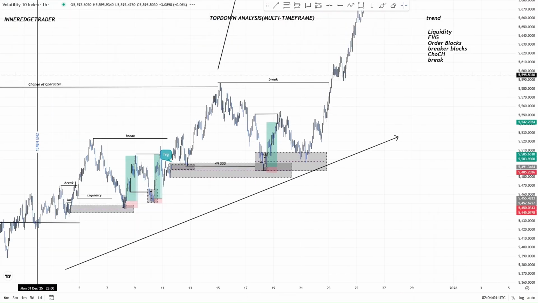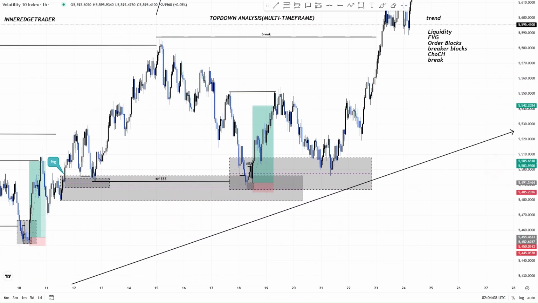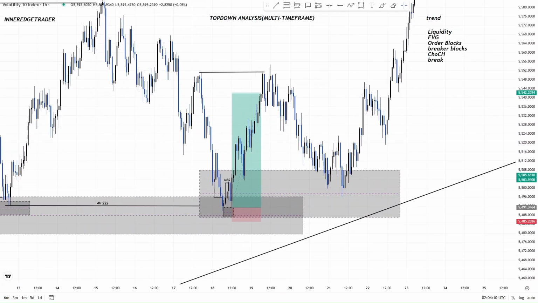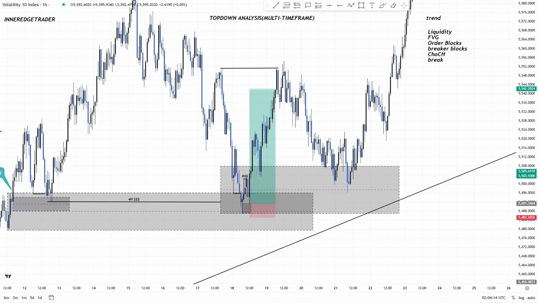So on the 1 hour time frame, you can see this is a very good win rate too. Market came back to that zone. So we can see market making a series of lower lows here after a break of structure. Sorry, after a change in character, because this is on the higher time frame.